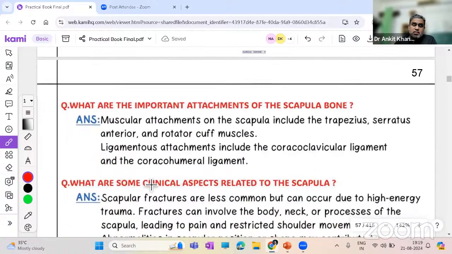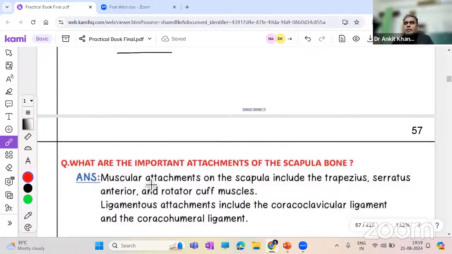Important attachments: scapula is a flat bone which has a lot of muscular attachments. Therefore, guys, understand, at any level of your medical academic journey, you need to know nearly all the attachments on the scapula, mainly muscular attachments, because I'm talking about your journey till your PG exams and all.